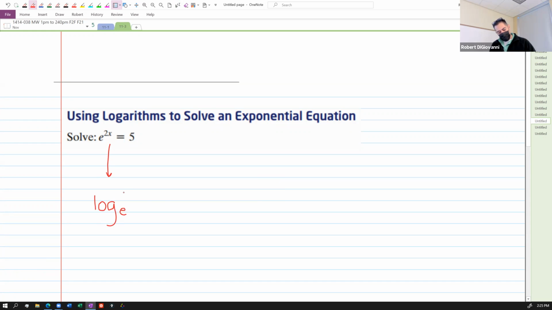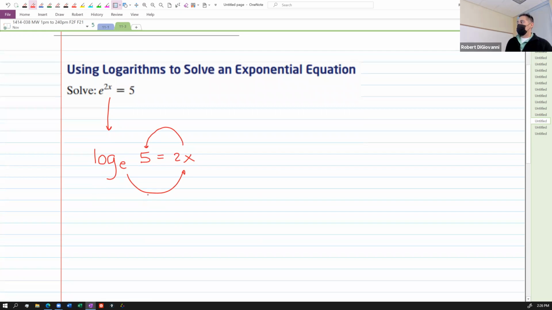E. Okay, then I have an equals, and then I think about what the loop would be. So what goes on the right side of the equals? 2x, and then what goes on the left side of the equals? 5, right? Now, log base E is really the natural log, right? This is really the natural log of 5 equals 2x.